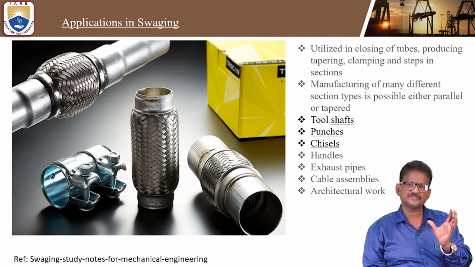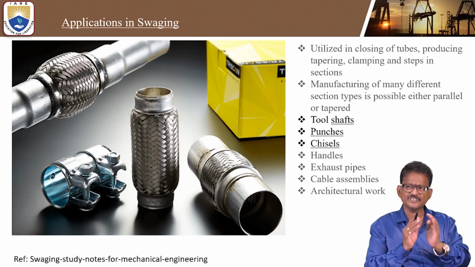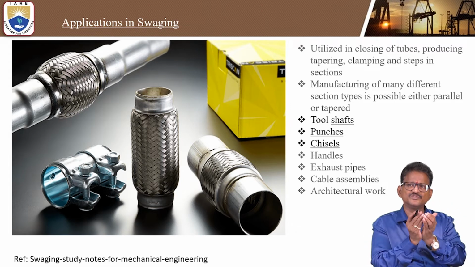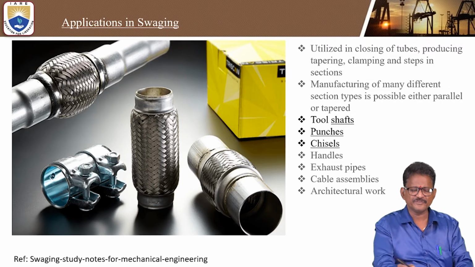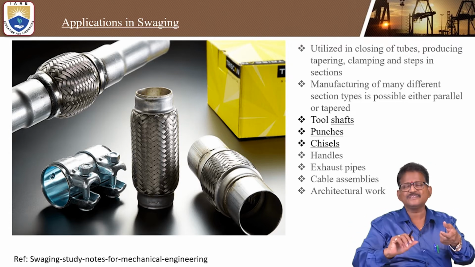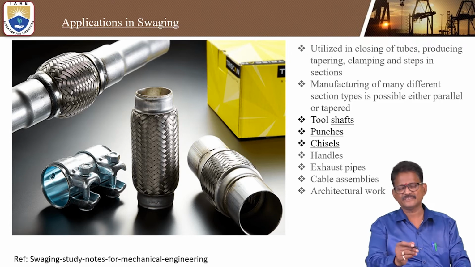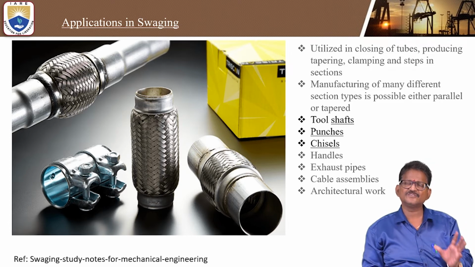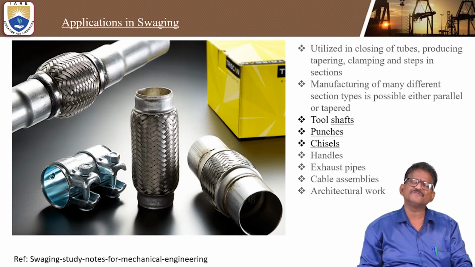And the major application of this swaging process is in closed tubes, producing tapering and some clamping steps to sections. Suppose it is a plain one, once you fix it, it is difficult to open and difficult to tighten more. If it has such swaged components, you can easily open and fit effectively.